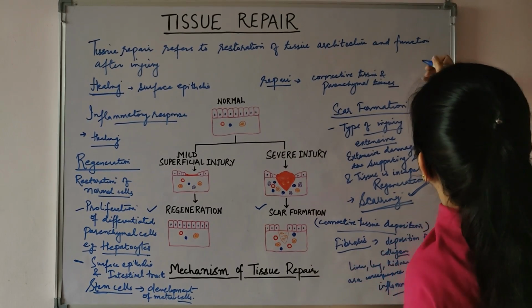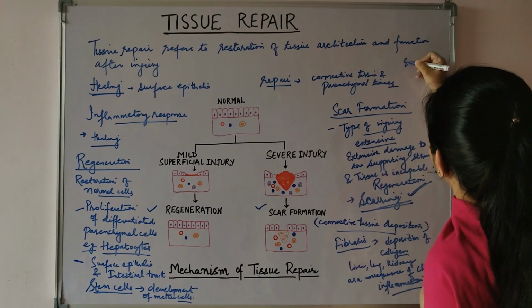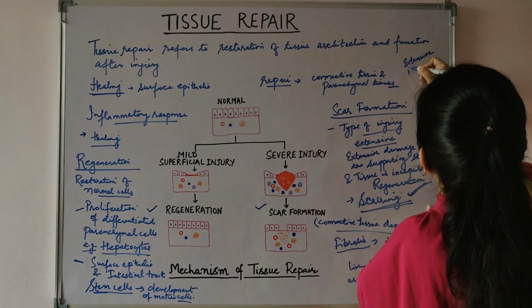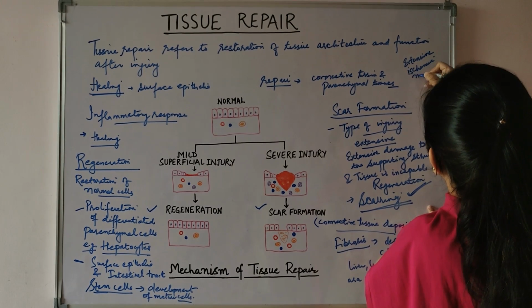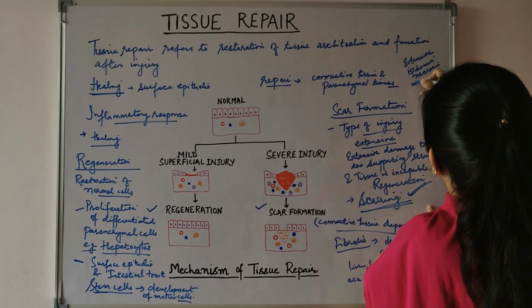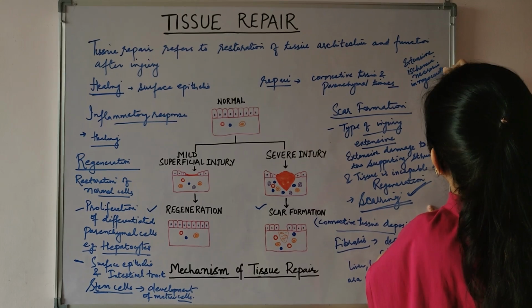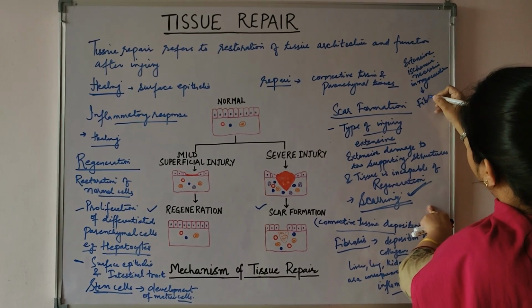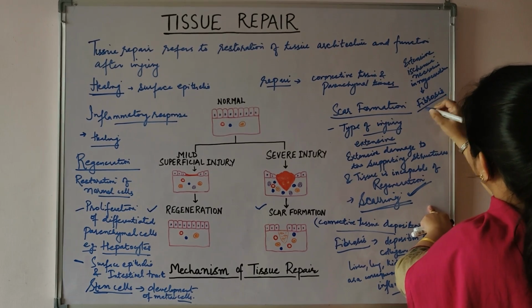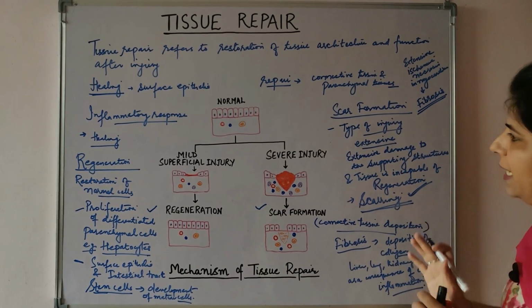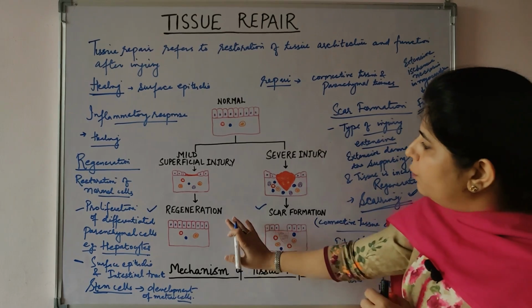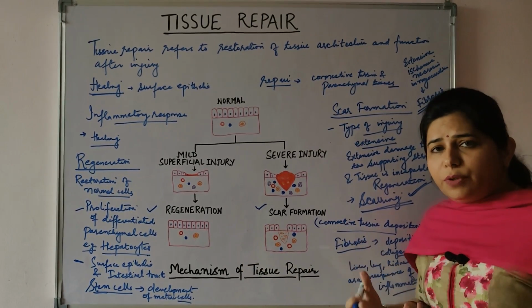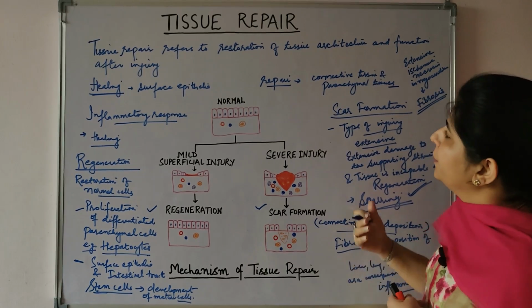And also when there is extensive ischemic necrosis in myocardium, healing will occur by fibrosis. In various types of injuries, both regeneration and scar formation contribute in varying proportions towards healing.